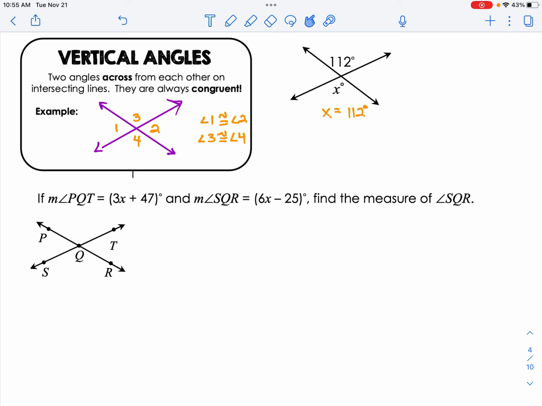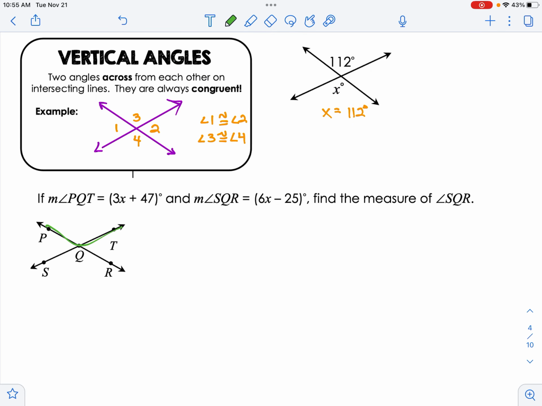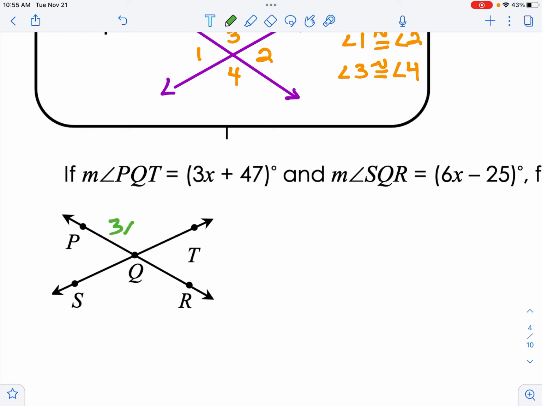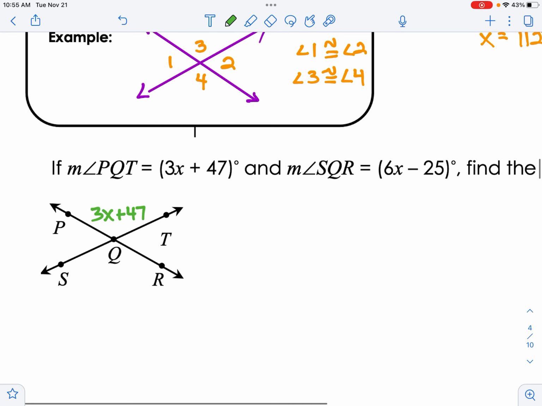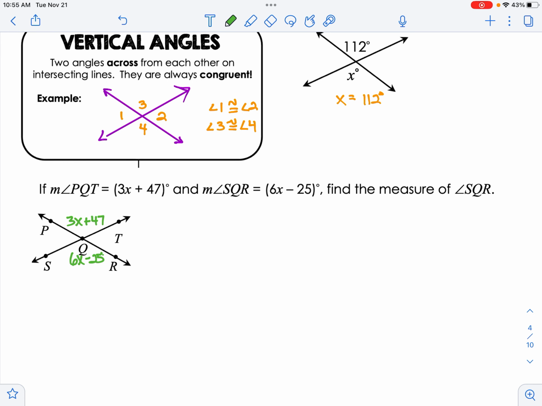It says, if the measure of angle PQT, which is this one right here, is 3x plus 47 degrees, and SQR is 6x minus 25, find the measure of SQR. So find what 6x minus 25 would be equal to.